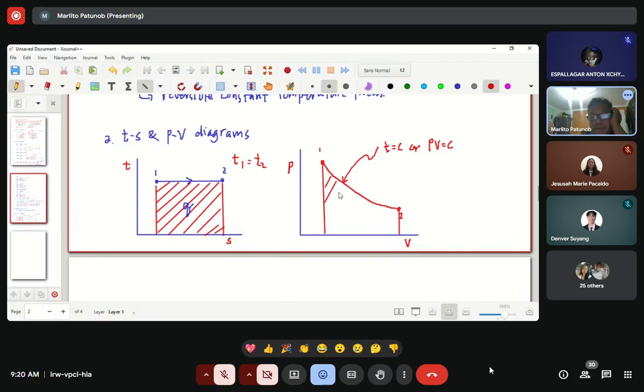So you will have a value of a non-flow work. On the other hand, you will also have a value of your steady flow work.